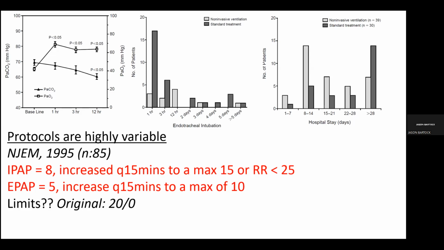And is there a maximum that you can set your non-invasive to? The answer is no, but traditionally, a total pressure of 20 is probably the max that a patient can physically tolerate, or that the seal on a mask can tolerate, right? So somebody on 20/5 or 25/5 with a driving pressure of 20 is probably the max that you're going to get without air leaking out of that seal.